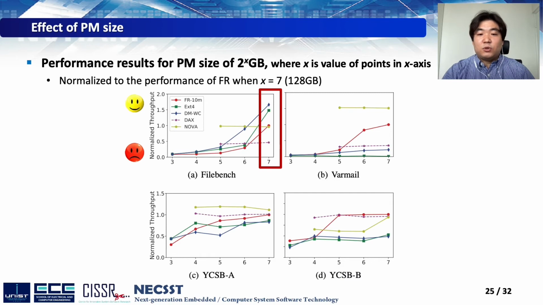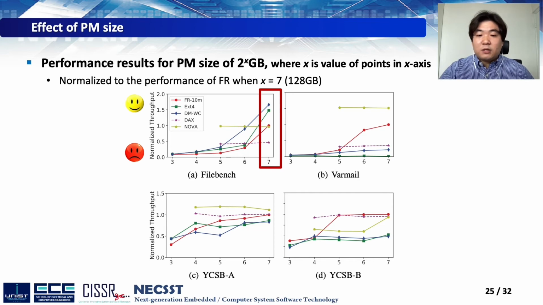These figures show the performance of a select group of workloads when we vary the PM size, reducing it by half for each point to the left for the various schemes. All performance numbers are normalized to the FR results at 128 GB FR size.